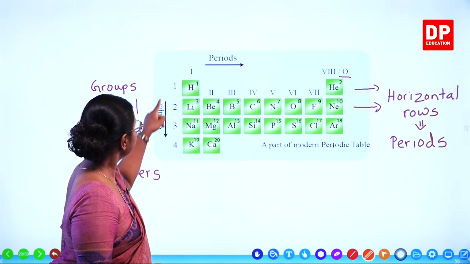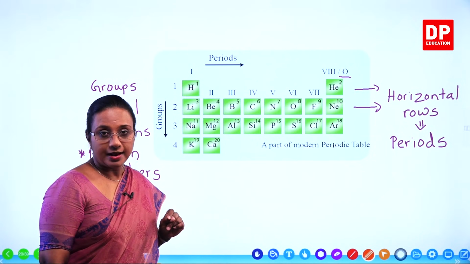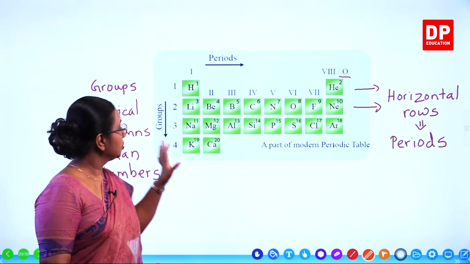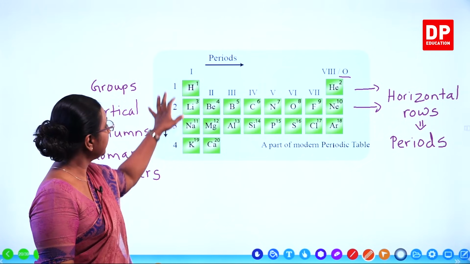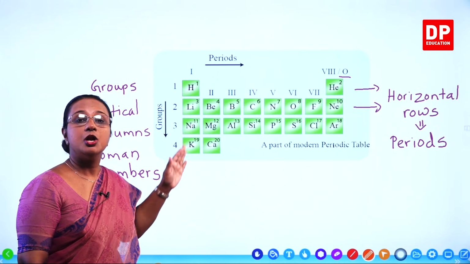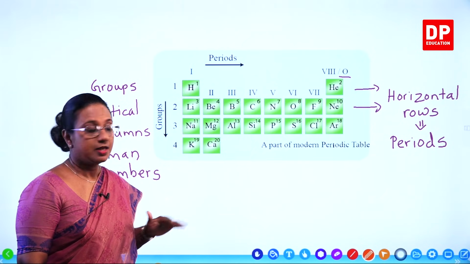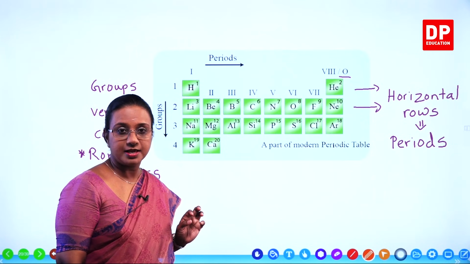You can see the periods are numbered with the normal Arabic numbers. So for groups, you have to use the Roman numbers. For periods, you have to use the normal numbers. This is the basic format of a periodic table.